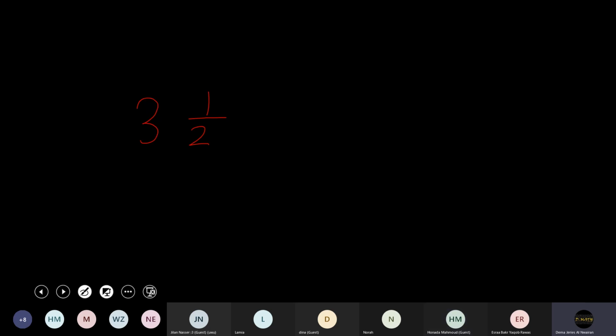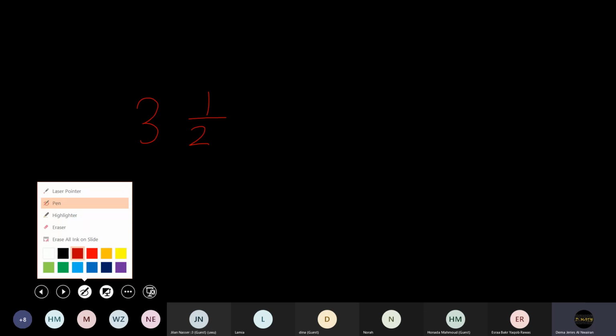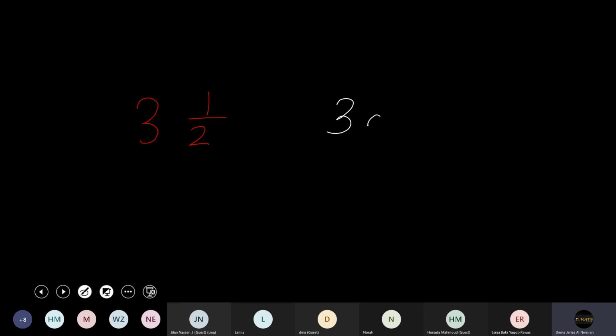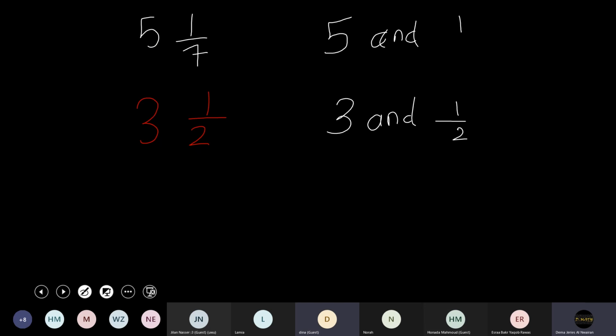Yes. If you have now 5 and 1/7, how do you read it? 5 and 1/7. Okay. Now I want to change these words to symbols in math.